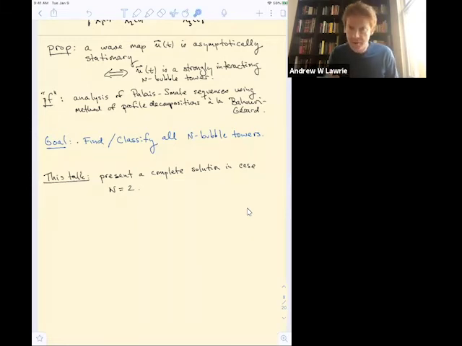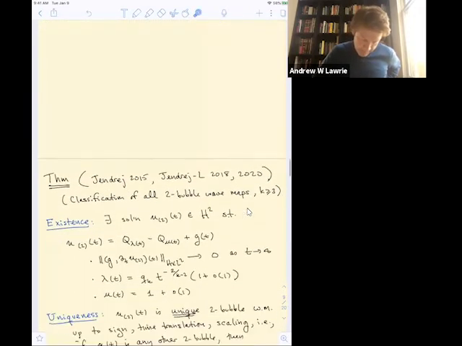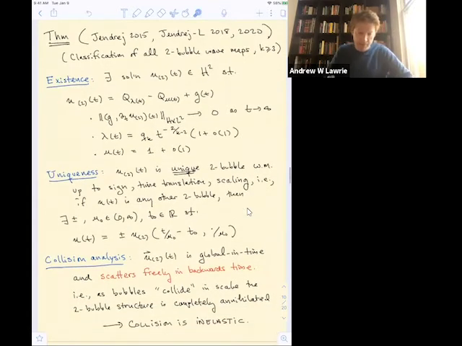In this talk, we've made some progress towards this. I'm going to present a complete solution in the case n equals 2. But keep in mind that there's a broader program in mind. Let me state a theorem.